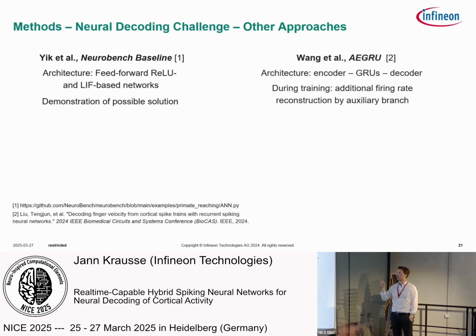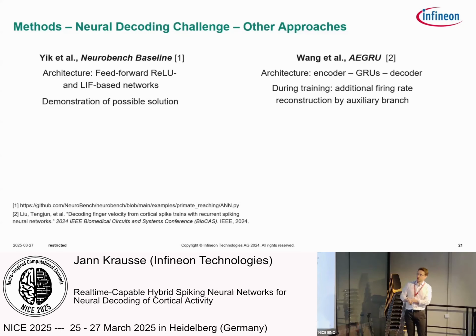One of them was a so-called A-GRU by Wang et al. This is from Shih-Chii Liu's group at INI. They have an encoder GRU decoder architecture. And very interestingly, during training only, they have an additional auxiliary branch that was reconstructing the firing rates, which they report heavily helped with having good accuracy.